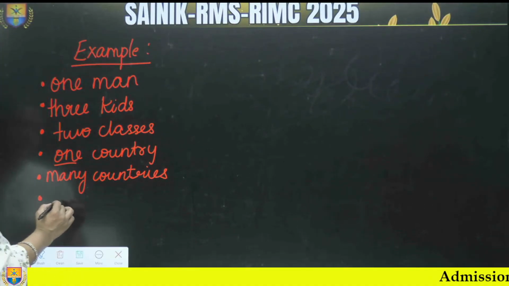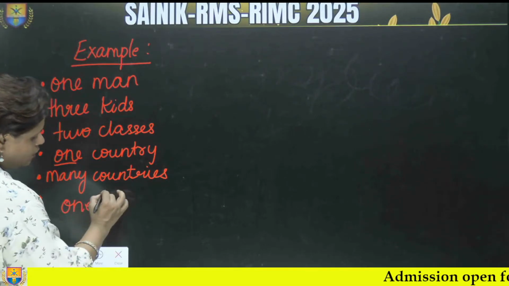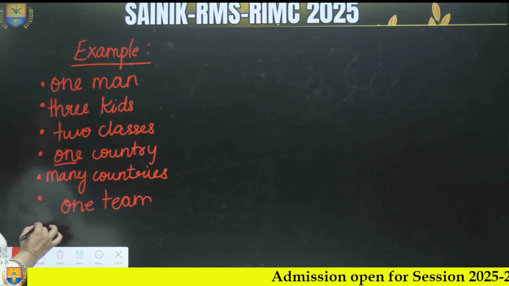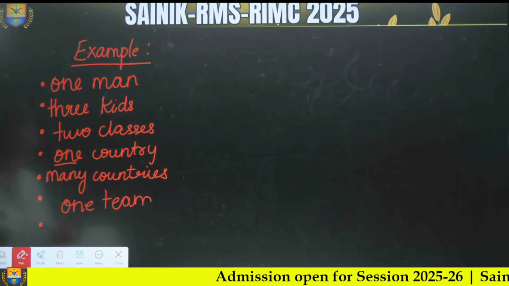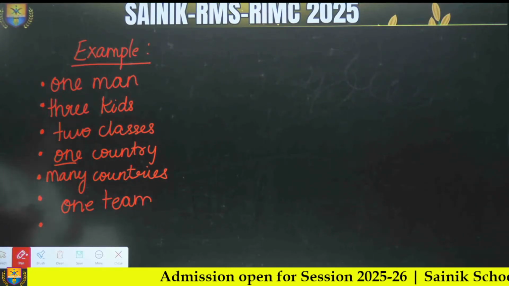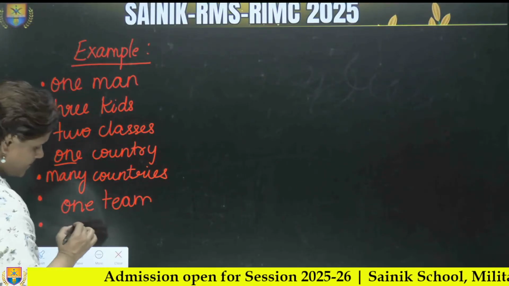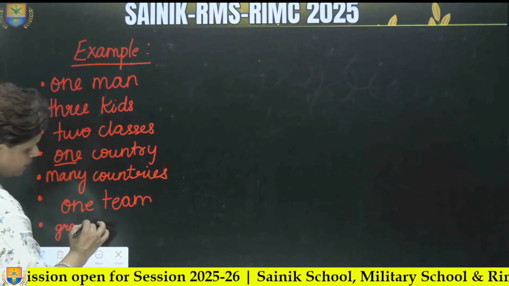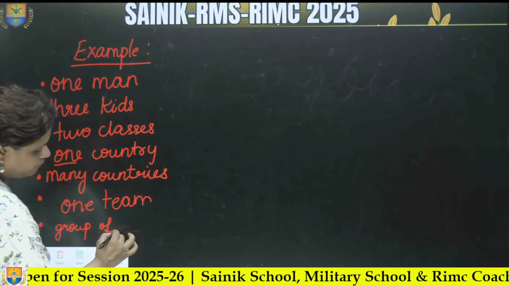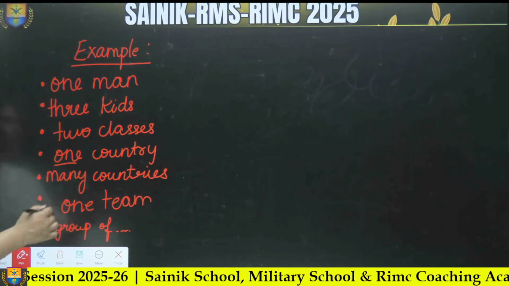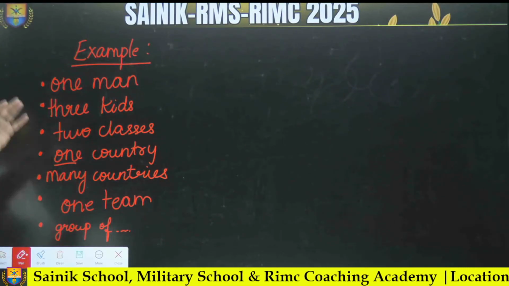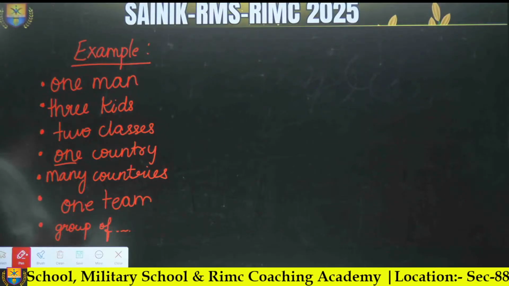Next, a team. So we say it as one team or two teams. They come under the category of countable nouns. Group of, whatever you mention, group of. So these are all the examples of countable nouns.